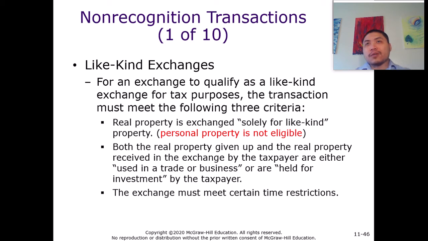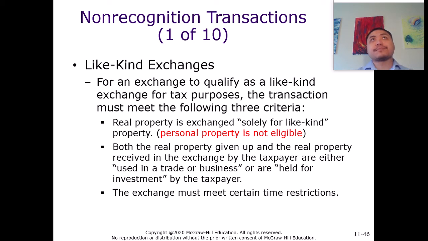For example, if a taxpayer is forced to dispose of his asset. Maybe the property got damaged by some natural disaster, and somehow they involuntarily need to dispose of the asset. That's another scenario where they are allowed to postpone the recognition of the gain, if there's any gain, right?